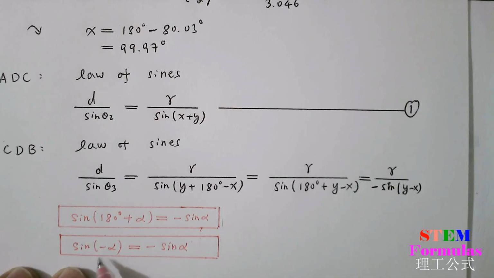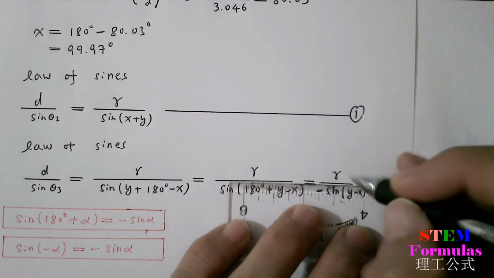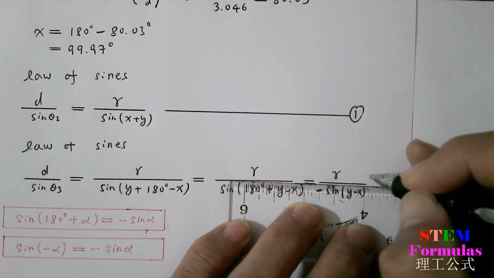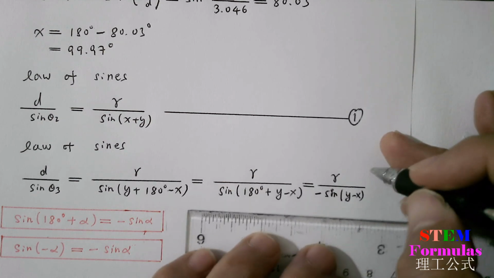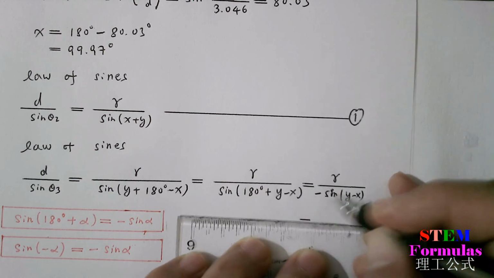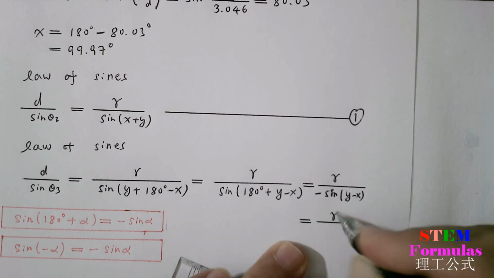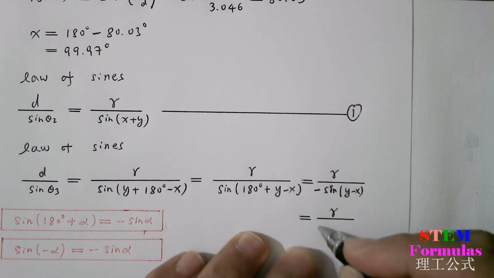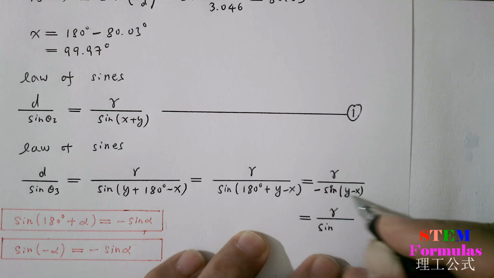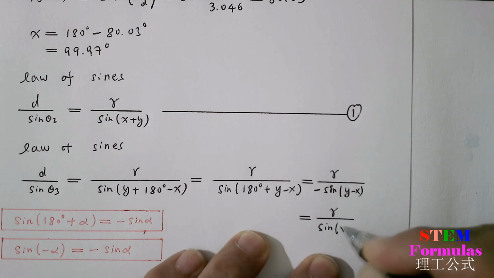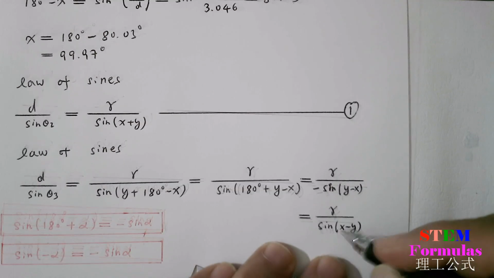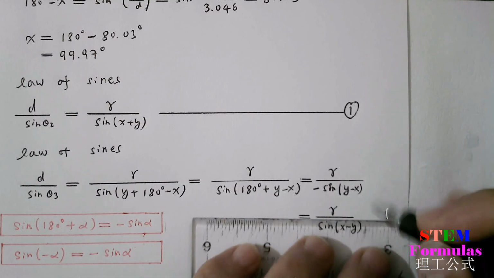This means that the sine function is an odd function. By using this property, I get R divided by sine y minus x. I change sign, I get x minus y. And this one I call equation 2.